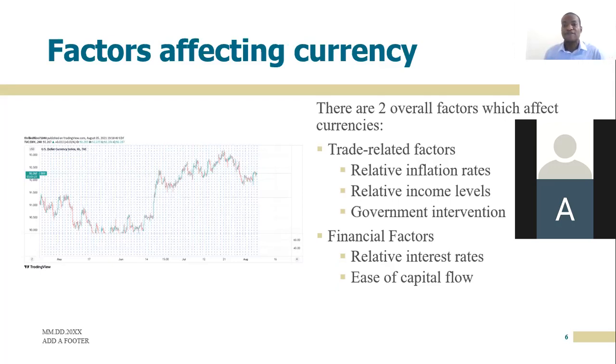Under the trade-related factors, you have relative inflation rates, relative income rates, and government intervention. Under financial factors, you have relative interest rates, and then you have ease of capital flow, all right?